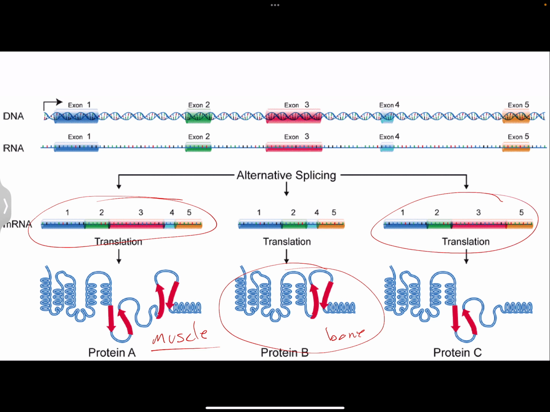We have 1, 2, 3, 5. So it'd be like we're taking all of the footage for the Zack Snyder thing, and we're making like 10 different versions of the Justice League movie based off of which deleted scenes we wanted to keep in or not keep in. So this way you could have one gene that could potentially generate hundreds or even thousands of different versions of a protein based off of the different combinations of exons that you allow in or potentially exclude.